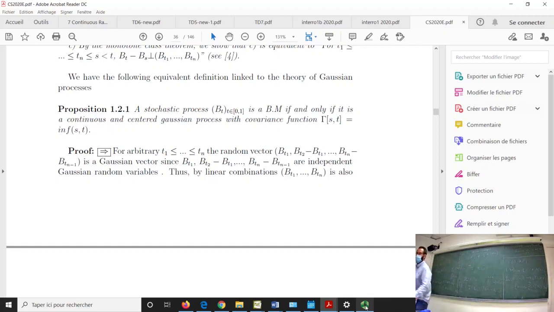What I know about capital I is that capital I of anybody is a Gaussian random variable. So you have here something that is necessarily a Gaussian random variable. So the fact that Bt is a Gaussian process just comes from the fact that I of someone is Gaussian and that I have the linearity in order to write this linear combination of I as I of the linear combination.